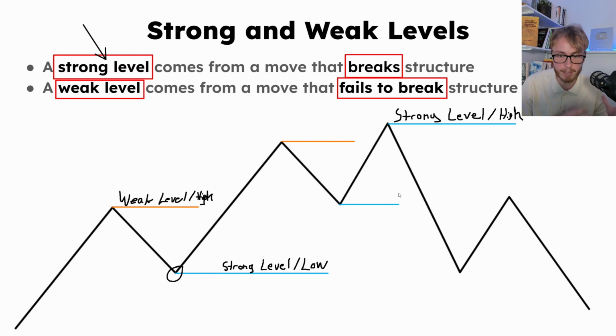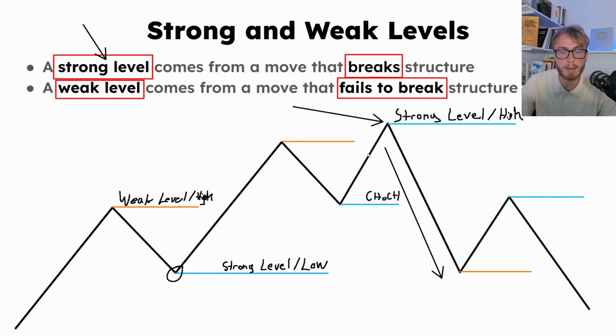And why is this a strong high? Well, this move breaks the previous low. Remember, this right here is a change of character. And I see both levels that break structures and levels that break characters as strong levels. For the same reason, this right here is a strong high because it breaks the low. And this right here is a weak low or weak level because it fails to break above this point.